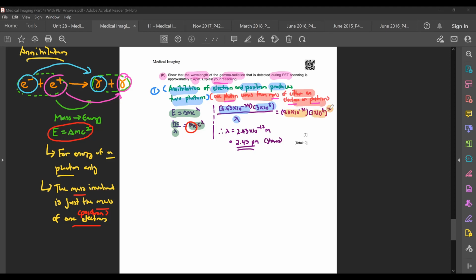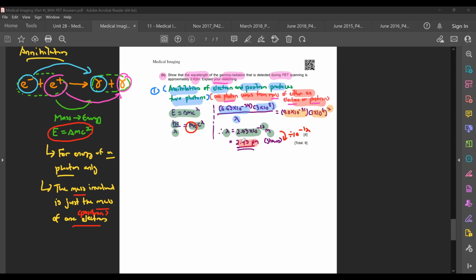So eventually lambda is 2.43 times 10 to the power minus 12 meter. You want to change it to picometer, you just need to divide by 10 to the power minus 12. Then you're going to get the final answer as 2.43 picometer.